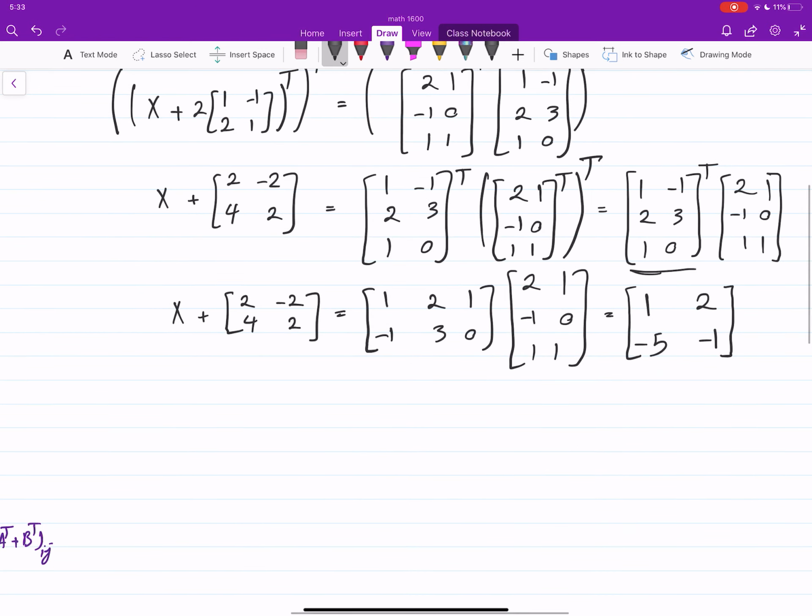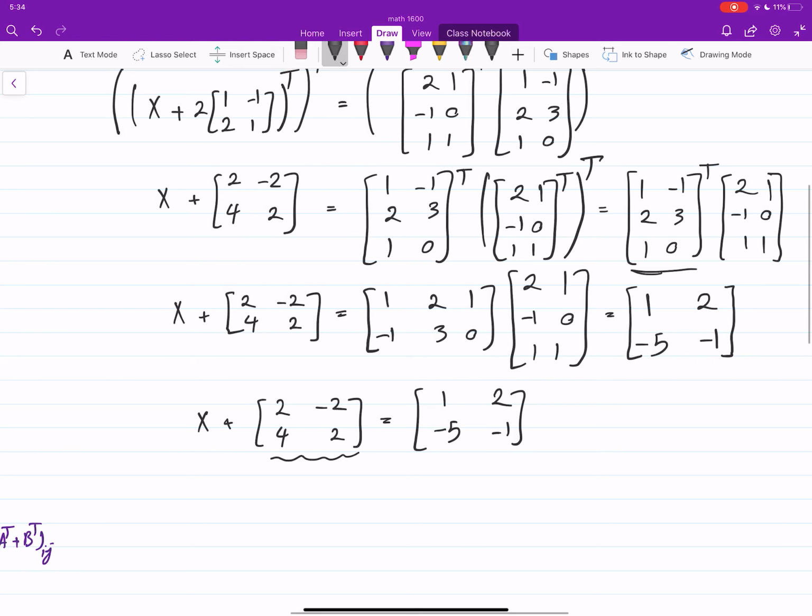So our equation is now X plus 2, negative 2, 4, 2 equals 1, 2, negative 5, negative 1. Add to both sides the negative of this. In other words, take this to the other side.